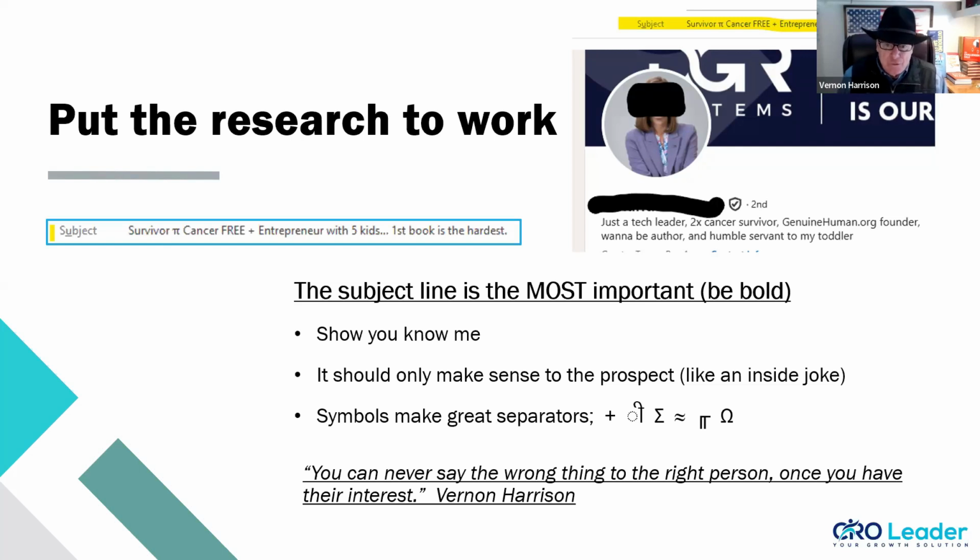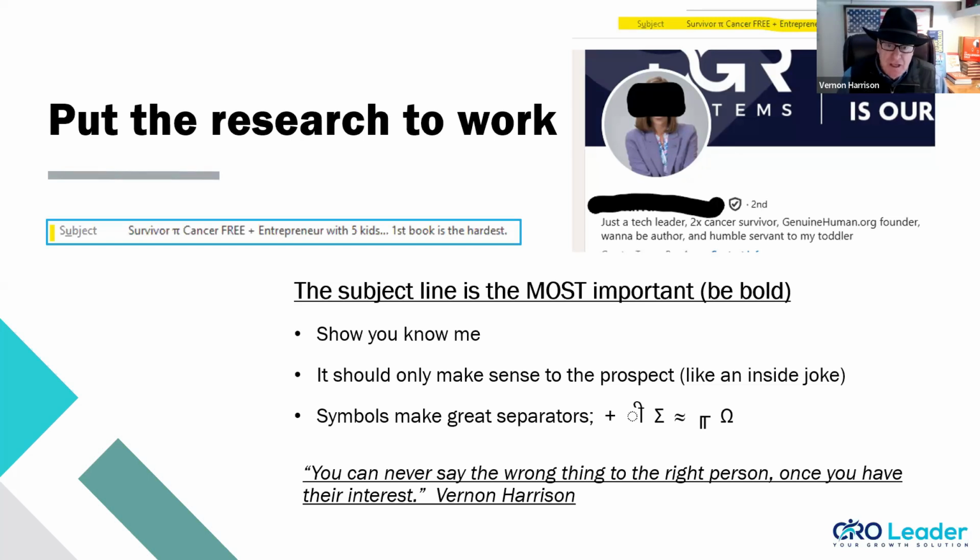So I'm relating to her simultaneously, which, by the way, when you talk to me like you know me, you don't always get that opportunity, but it is certainly a direction you always want to lean into. And the first book is the hardest. Okay. So again, in the first subject line, the criteria to take into consideration is show me that you know me. It only has to make sense to the person who's getting it.